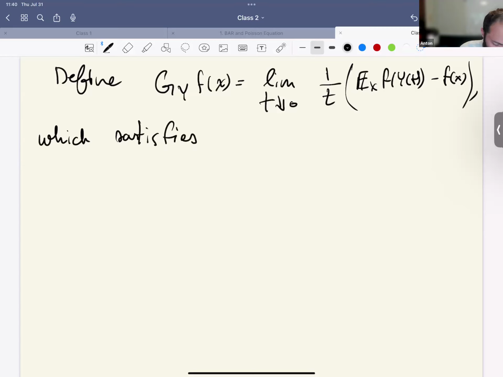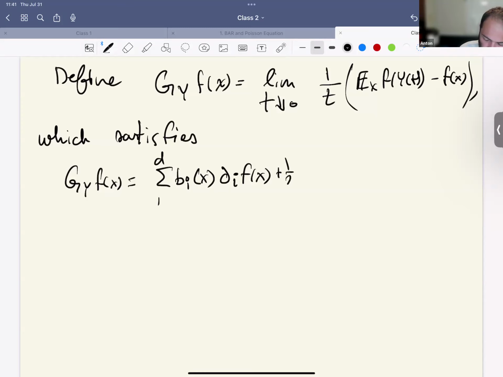So the generator is given by a sum from 1 to d. If the dimension is giving you a hard time, just think that d equals 1. Consider the one-dimensional setting. Once you understand the one-dimensional setting, it's fairly straightforward to generalize.